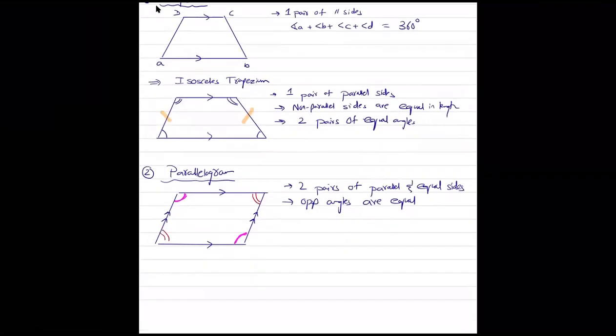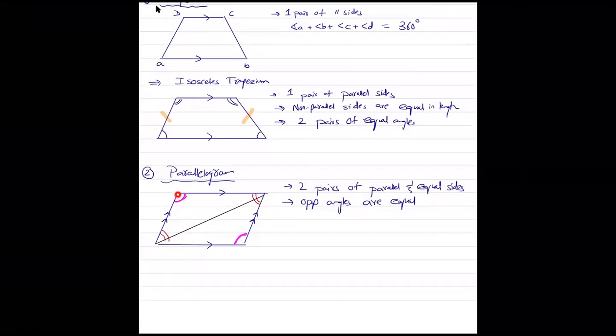एक और parallelogram की property होती है that deals with the diagonals. In a parallelogram, this is the diagonal length. When you join this point with that point, the length that is formed is the diagonal of this shape.